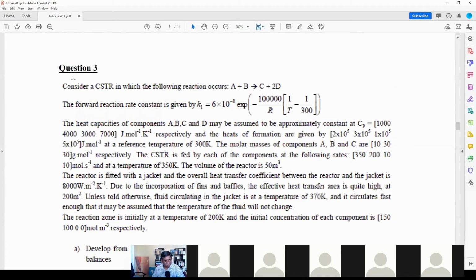So the next question I wanted to look at was this one. It's not a very clever question. It doesn't come up with anything new, but it's something that you need more experience in.